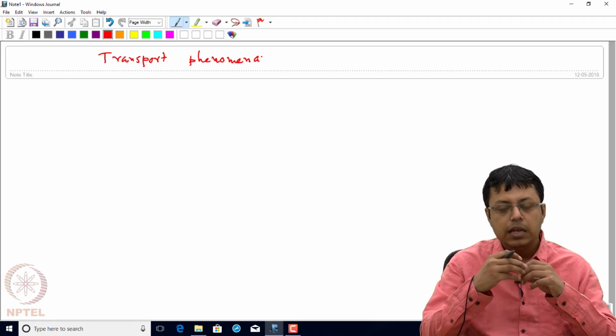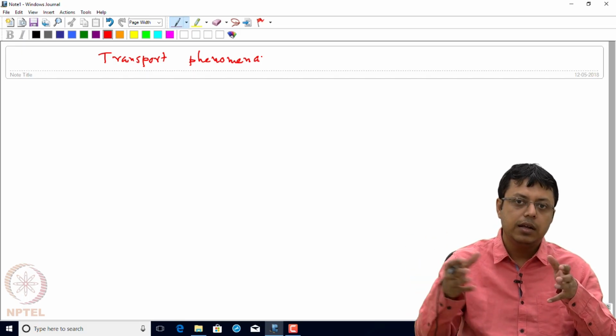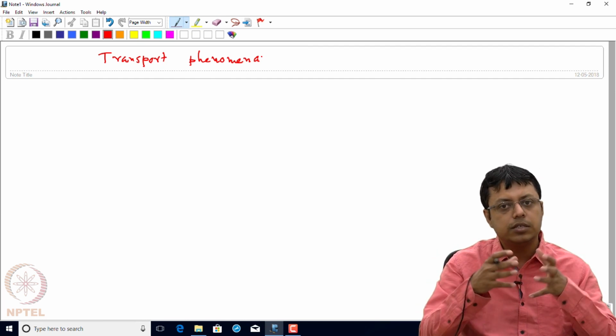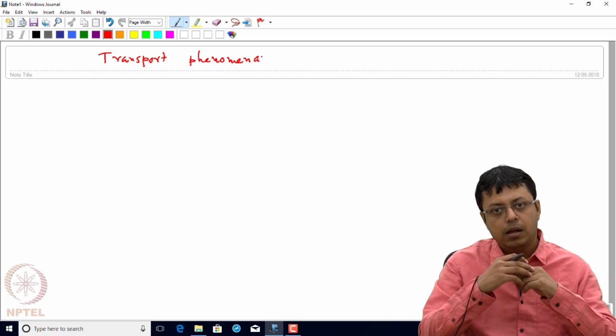For example, if you have a temperature gradient, a variation of temperature, then you will have a flow of heat. Similarly, if you have a concentration gradient, then you will have a flow of mass.